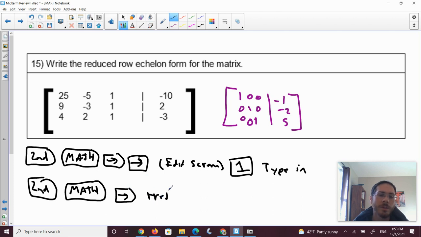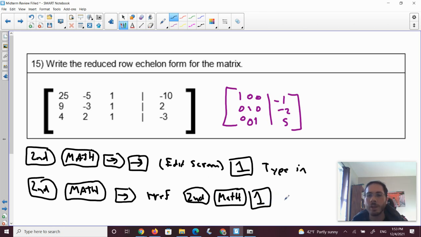Then you can do RREF. All right, then you'll hit second, and then math again to bring up the matrix menu again. We'll press 1 again to get matrix A to go in, and then you can press enter and it'll give you the results. So that's how you'd want to do it in the TI calculator. Or, I mean, we saw how to do it by hand in class. You could always do it by hand.